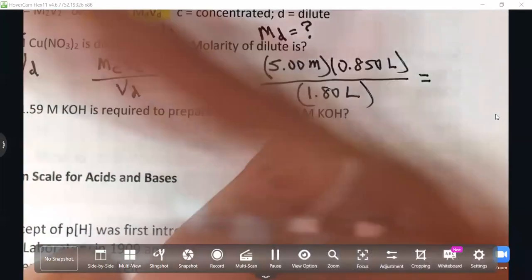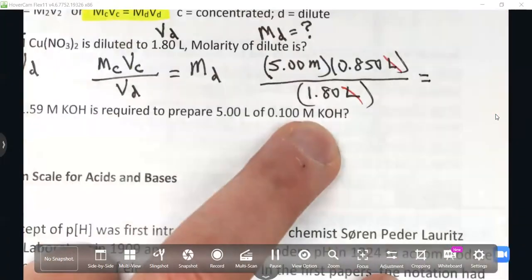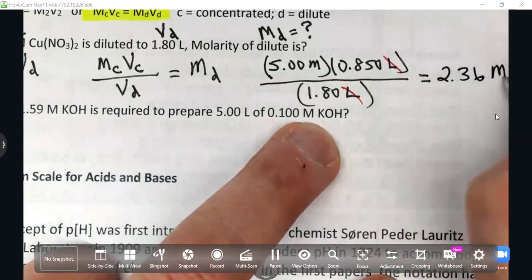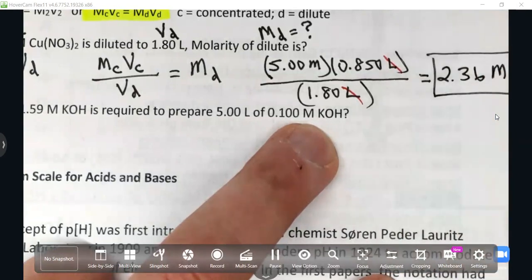And liters cancel out. And we get 2.36. 2.36 molarity.